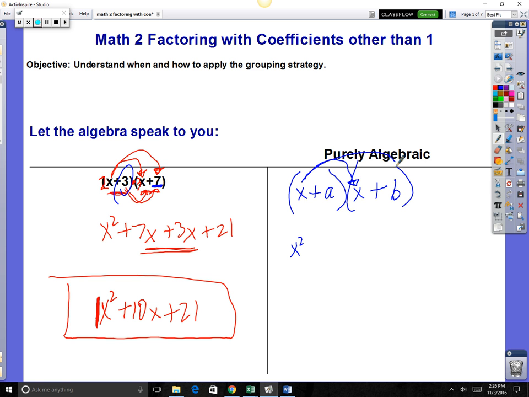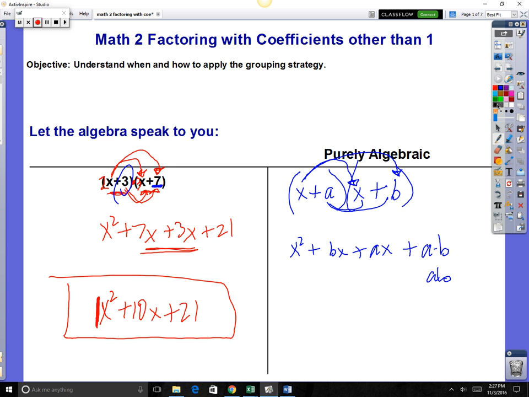But x times b is just bx. A times x is ax, and a times b is just a times b. But you don't need to write the times, you can just write ab. It's understood that they're timesing together.